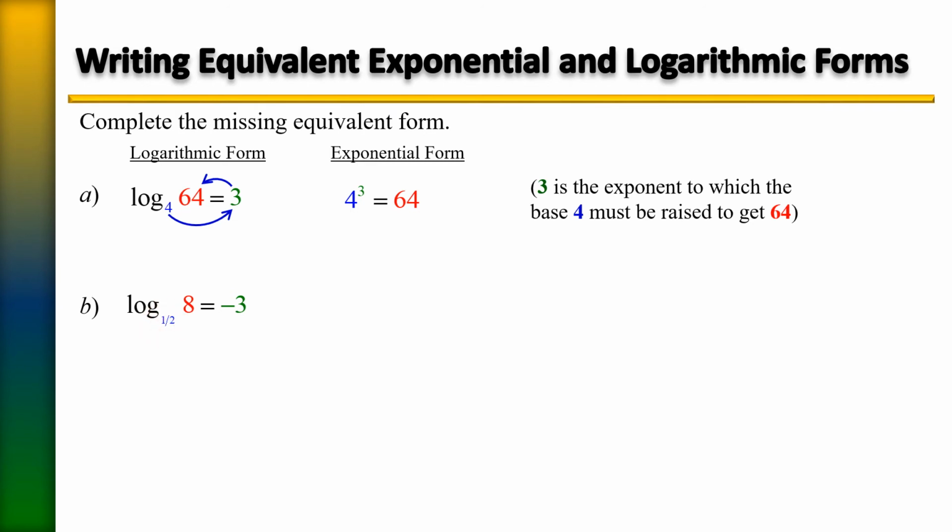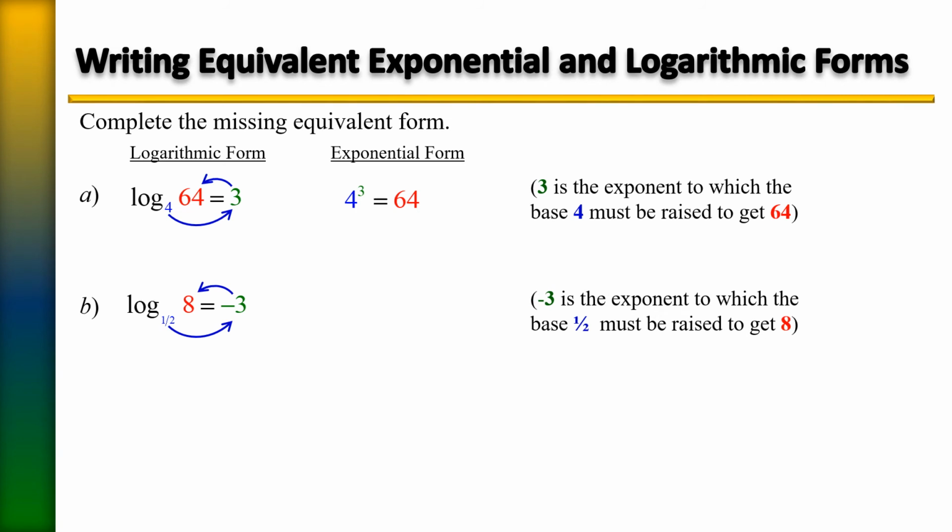So when you write it, it's going to be 1/2 raised to the, it goes in a circle, to the -3 will equal 8. So again, 1/2 raised to the -3 will equal 8. So the way you write it in exponential form is such. -3 is the exponent to which you must raise the base of 1/2 in order to get 8.